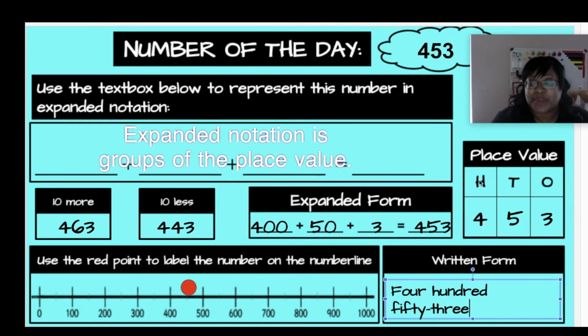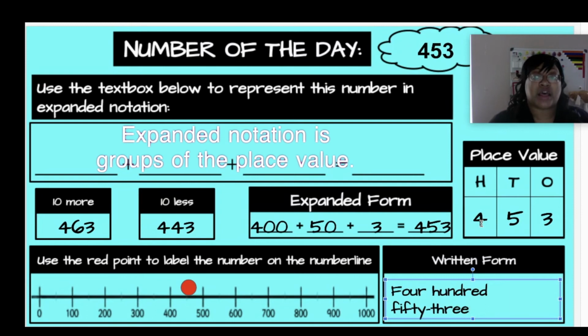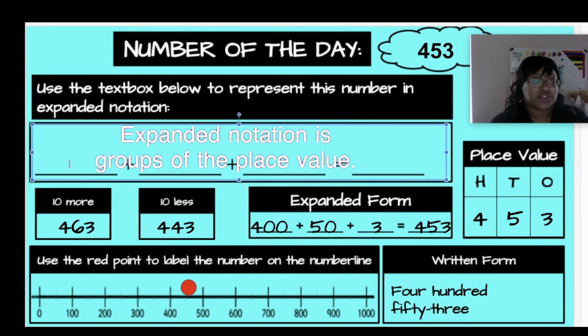Now this is new, guys, and it is so easy, easy peasy lemon squeezy, because you've already done the work. Notice when you look at the place value chart, you've written how many groups of the number. Let's start to the left. How many groups of 100 do I have? Well, what number is this? It's a 4.